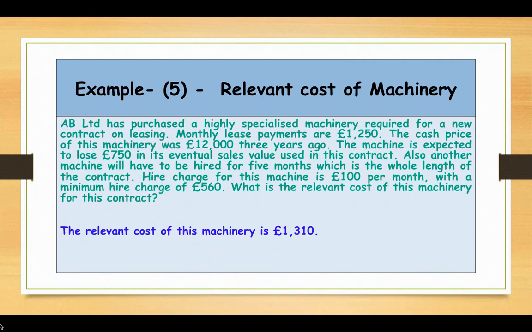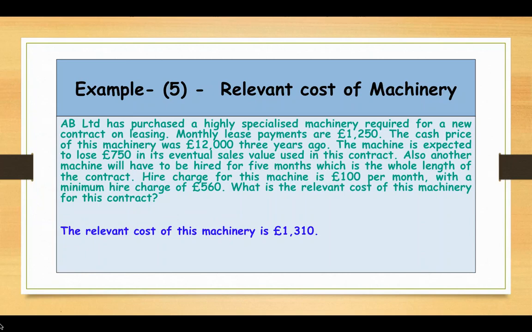Okay, so the relevant cost here is the scrap value lost, which is 750, plus the hire charge of 560. So the total 750 plus 560 is £1,310. So let me quickly explain why the hire charge is 560, because that's the minimum hire charge.